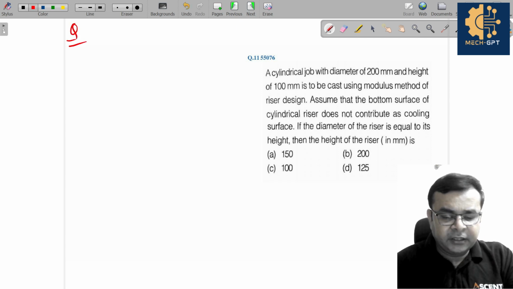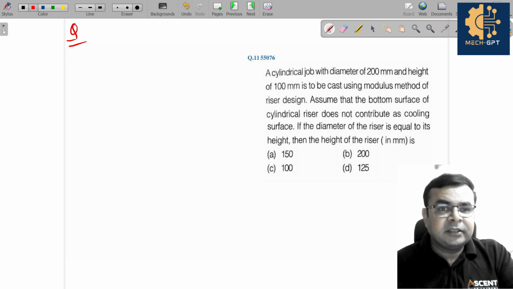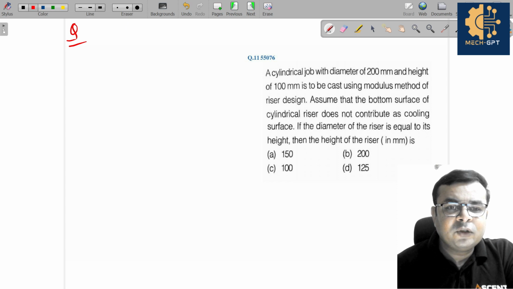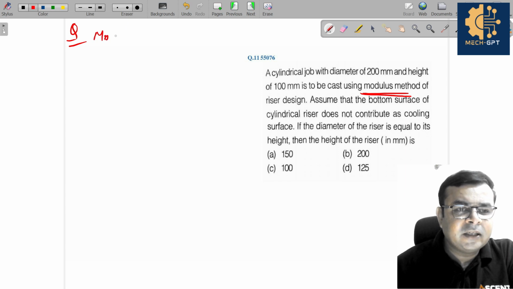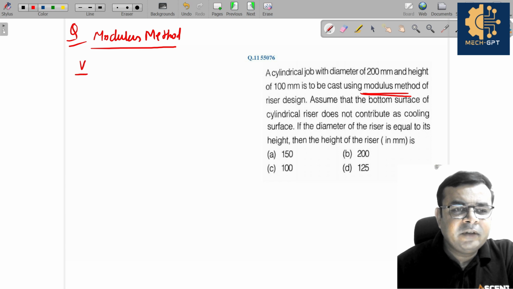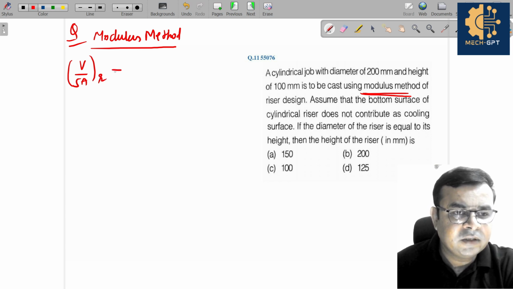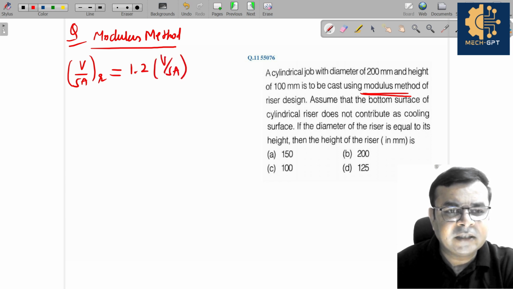A cylindrical job with diameter 200 mm and height 100 mm is to be cast using the modulus method. So if I talk about the modulus method, the SA/V (surface area by volume) of the riser is equal to 1.2 times SA/V of the casting.